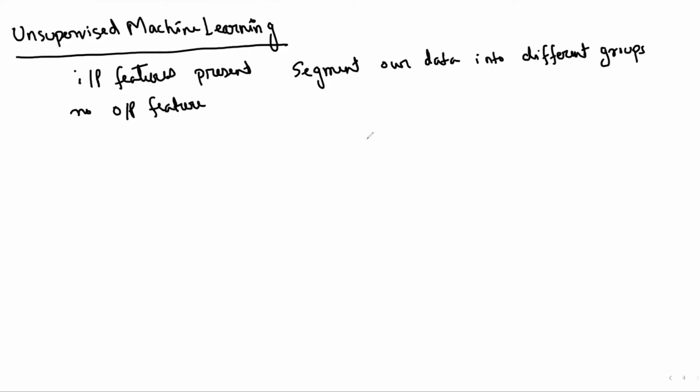Now in these input features, okay, let me give you an example. Let's say we have a mall. In a mall there are clothing shops. There are other shops as well, but our focus is clothing shops.